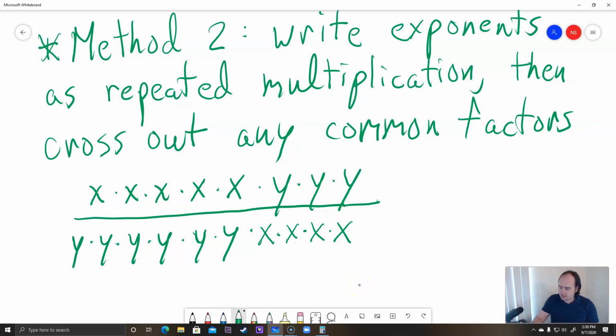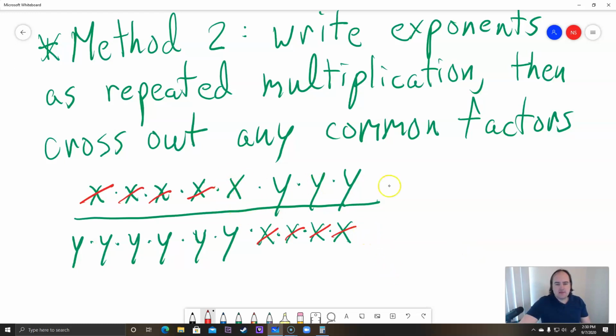So what do we do now? Well, now we just cross out any common factors. So looking at the x's, we see there's 4 x's in common on the top and the bottom. So I can cross out 4 of the x's. Alright? And then there's 1 x left over. We can't cross this one out because there's not another x on the bottom.